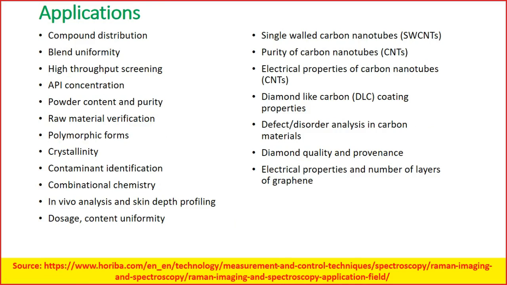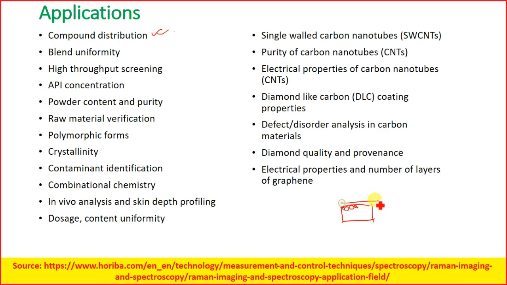Applications. You can look into the compound distribution within a sample. If you have a sample, you can do the scanning at a particular location, then after this area, you can go for the scanning at the next position, and then the next position.